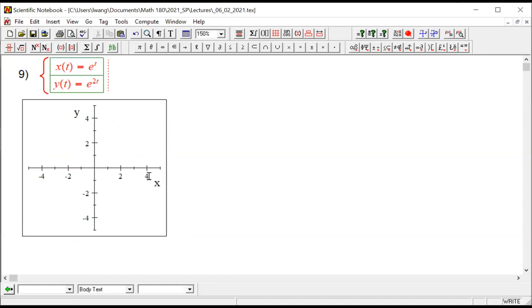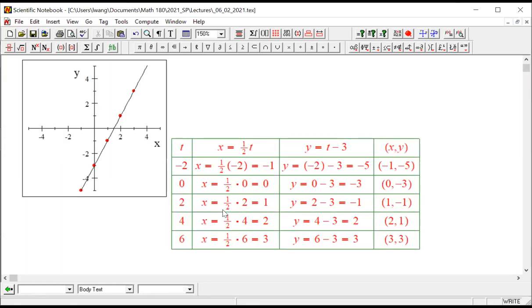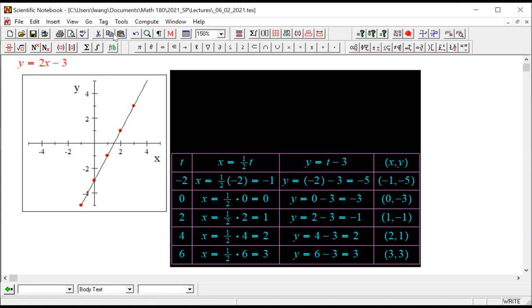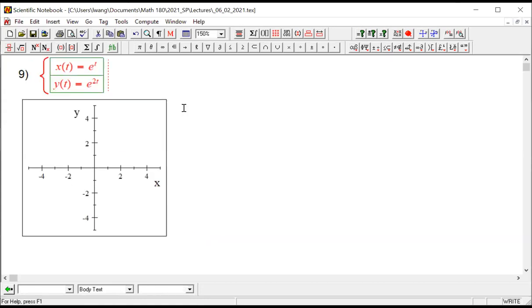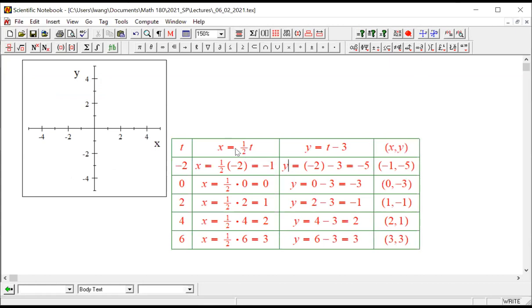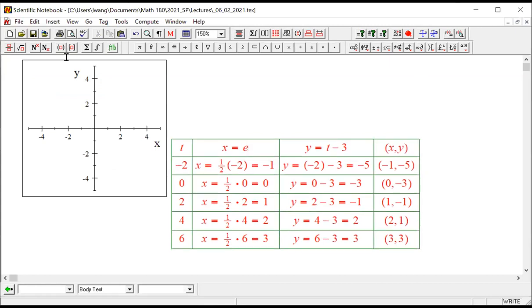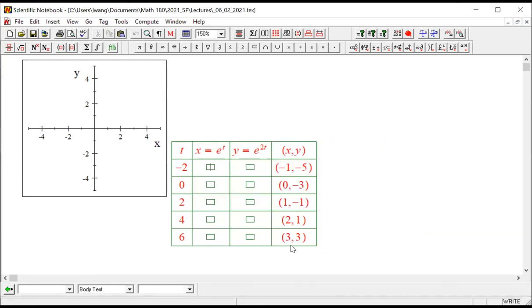All right, so we're going to plot the points, and we have established a table, so we can just use this table. Okay, clean up, of course. So this is e to the power t, and this is e to the power 2t. And I'm going to choose some t values.